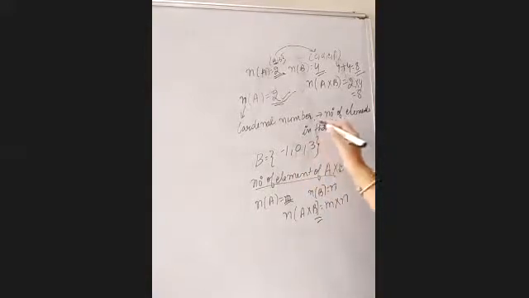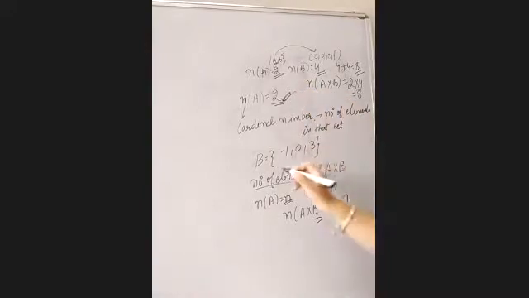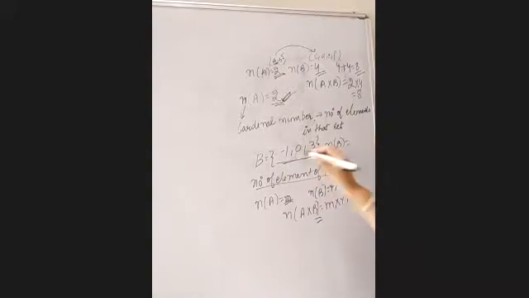Here the number of elements in A is 2, and in set B equal to 1, 2, 3 how many elements, 3. So m cross n means 2 cross 3, that is equal to 6. So the answer here is 6.